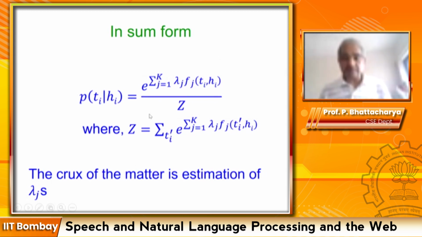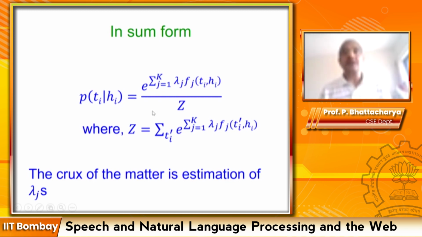And I request the TA team to put this as an exercise. This is an extremely valuable, insightful exercise into the theory of conditional random field and maximum entropy Markov model. In fact, it is useful for any kind of discriminative modeling. So TA team, please put this as an exercise.